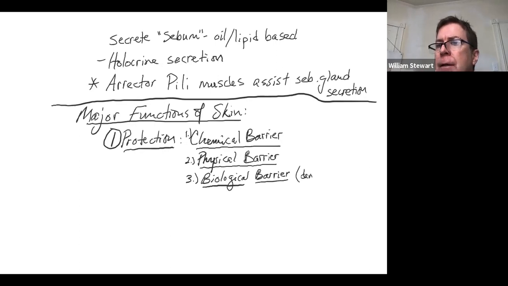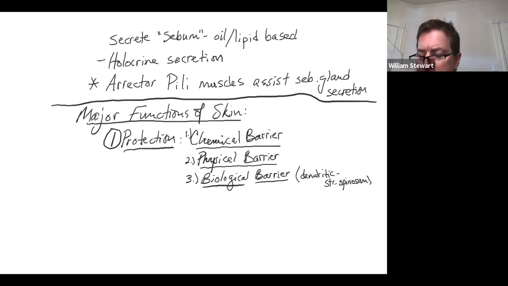Those are immune cells that we find in the stratum spinosum. That's that second layer going upward of the epidermis. Those are immune cells, so they provide a biological barrier. They help haul off invading foreign microorganisms for our macrophages to devour.